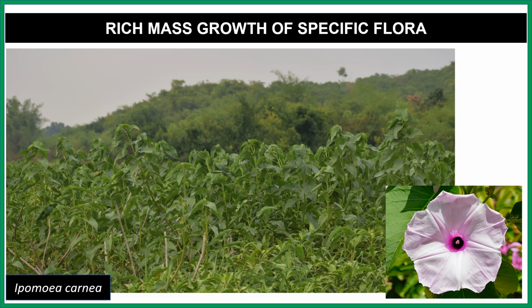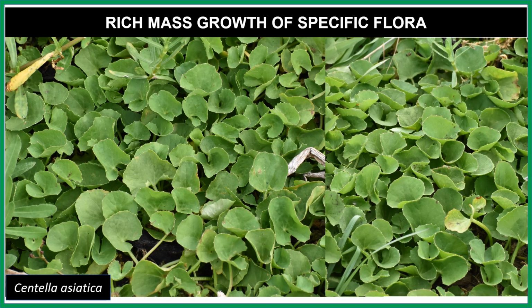When you say Ipomoea carnea, you will see they almost always grow in mass. Again, Centella asiatica is an important medicinal plant. They prefer moist areas, and in such wetland places you will see them growing very richly.